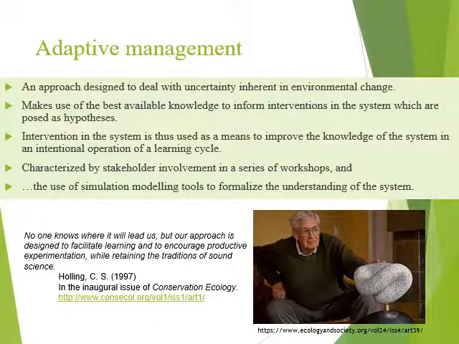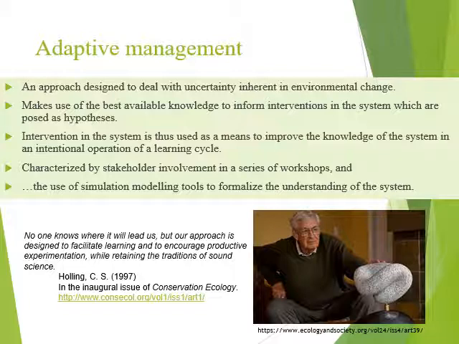Adaptive management is an approach to deal with uncertainty that is inherent in environmental change. It tries to use the things that we know about the systems we're working with as a starting point, but then to design interventions as if they were hypotheses.